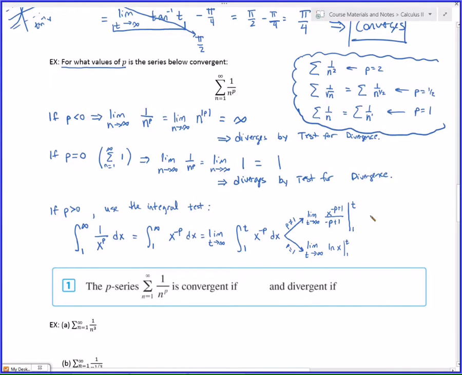All right, so let's plug those in. This up here becomes, I'm going to plug in my limits. So it's still the limit t goes to infinity of t to the negative p plus 1 over negative p plus 1, minus 1 to the negative p plus 1 over negative p plus 1 on the bottom.